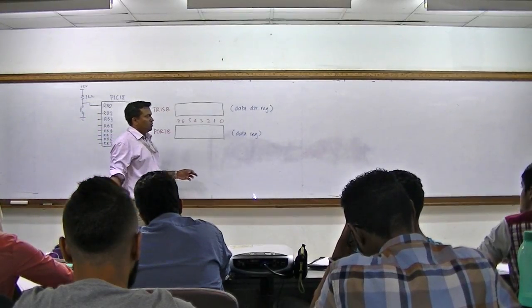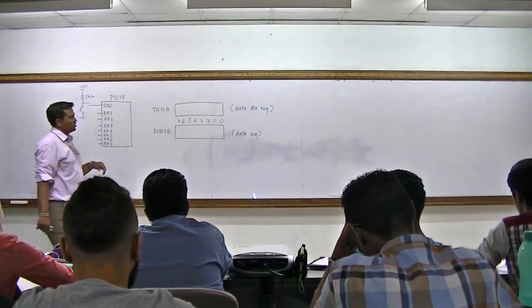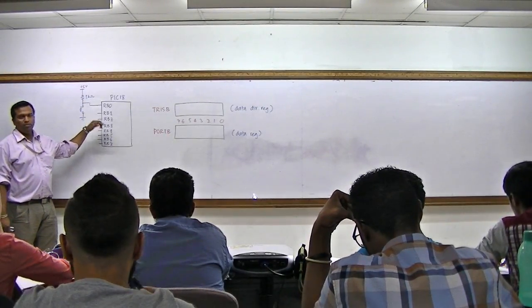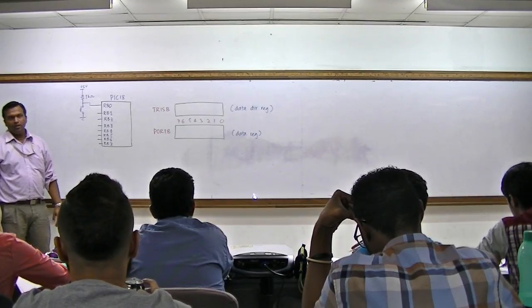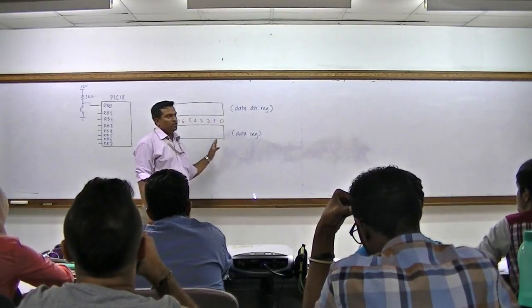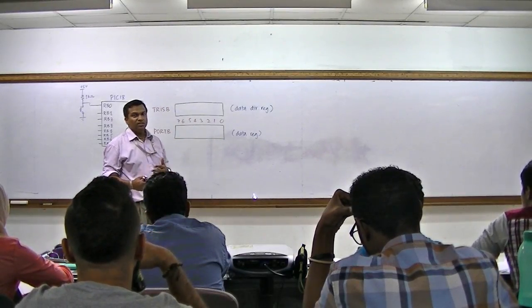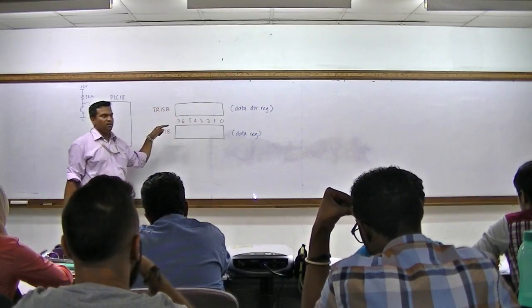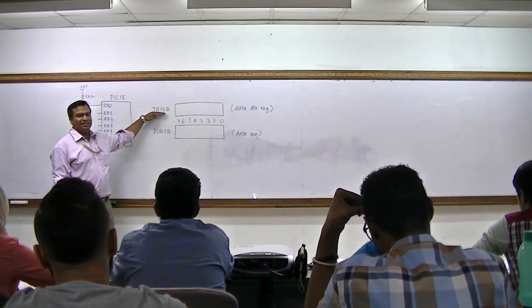Now, out of all these pins, which pin do you want to configure? Pin number 0, right? You want to make it input or output? Input. So we want to make pin number 0 an input. For that, you need to configure it. So where do you do the configuration? You do it at TRISB. Now each port has its own TRIS register.